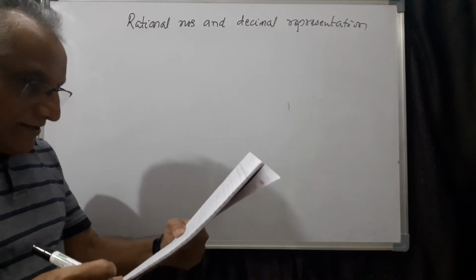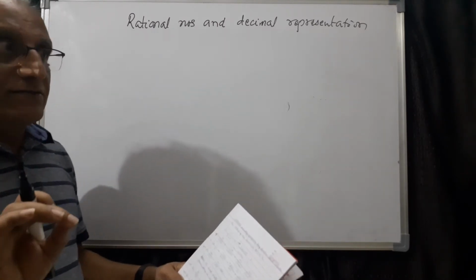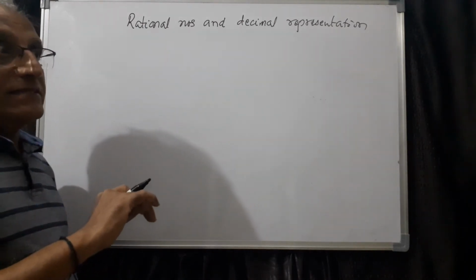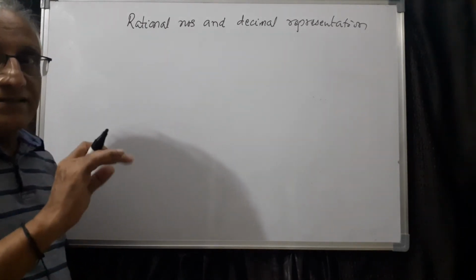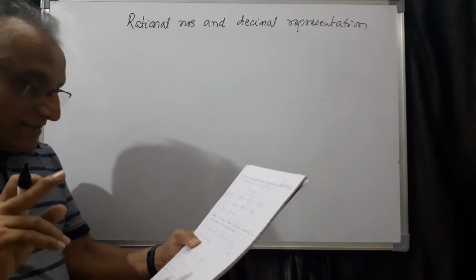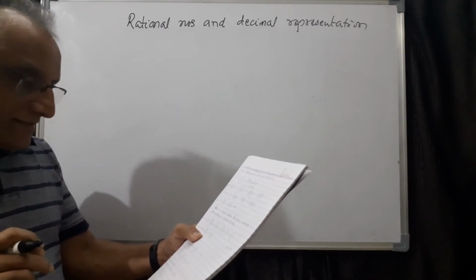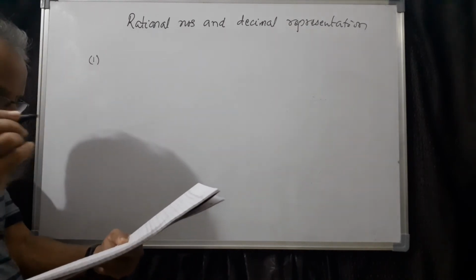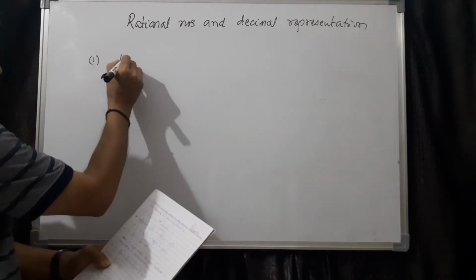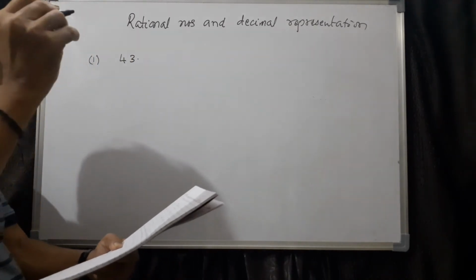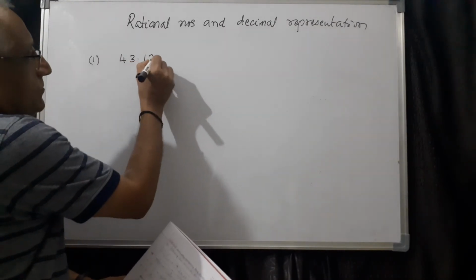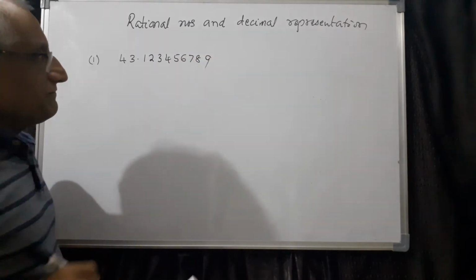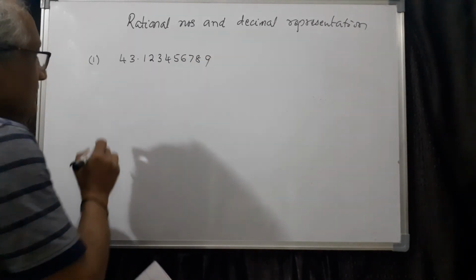Now let me take 3 examples just to show you, when a decimal expression is given, whether it is rational or irrational. This is also given, the last example in the exercise. One number is 43.123456789. So this is one number.